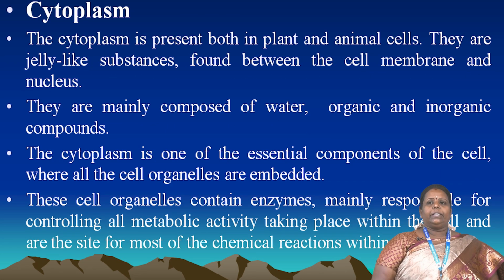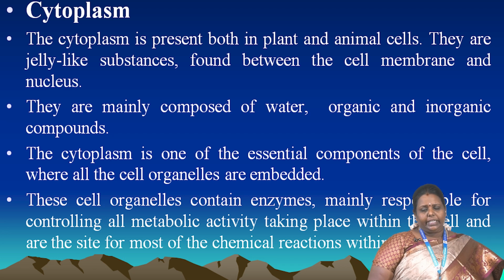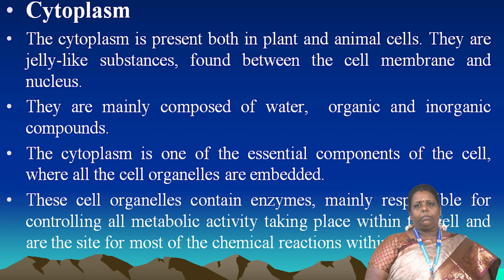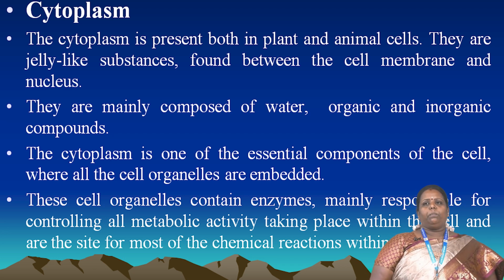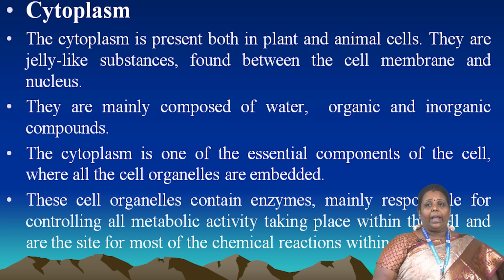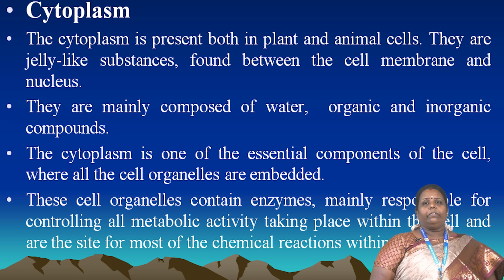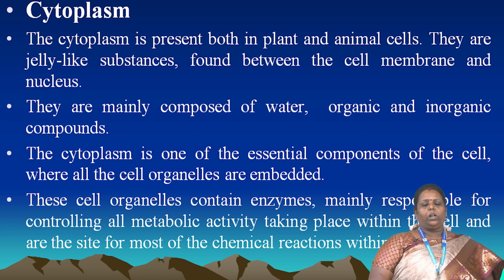We have to know about one substance, a colloidal substance, that is called the cytoplasm. The cytoplasm is present in both plant and animal cells. It is a jelly-like, colloidal substance found between the cell membrane and the nucleus. Normally, it is mainly composed of water and organic and inorganic components.